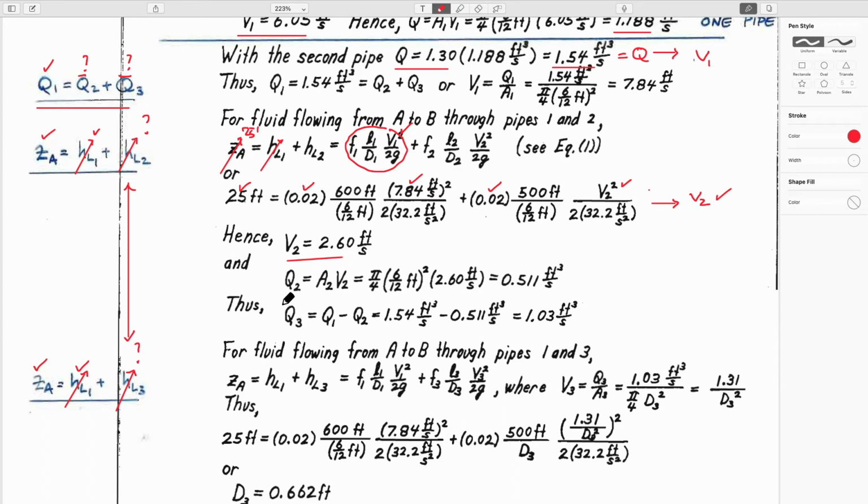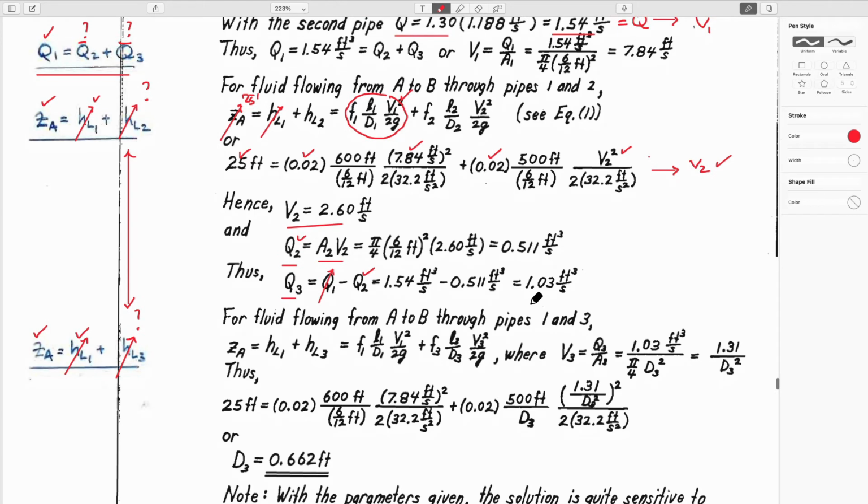In the top pipe, we know what the flow rate is because it's just the velocity V2 times its cross-section area. We can use continuity to define the flow in the pipe that we're going to add as the difference between the first pipe, which takes all the flow, and then splits up into two parts, Q2 and Q3. We know what this is from up here, and so we can calculate what the volumetric flow rate is through the bottom pipe.